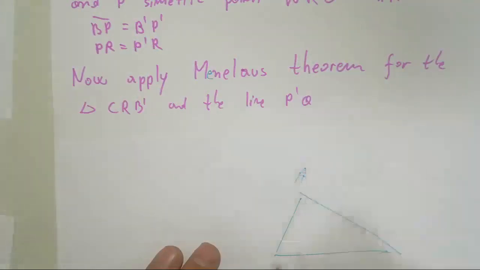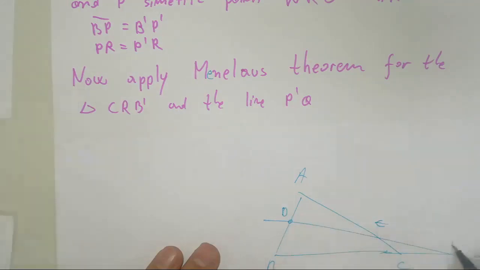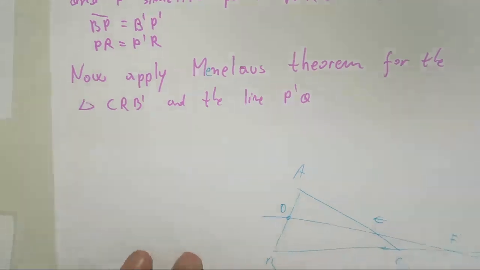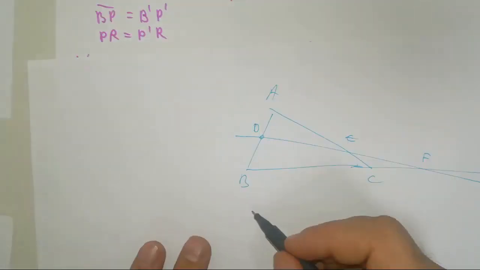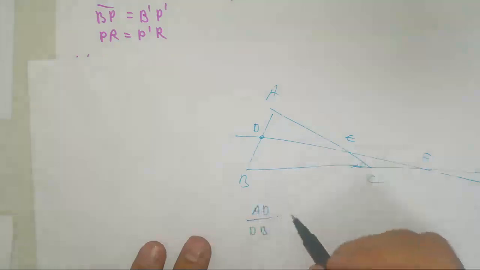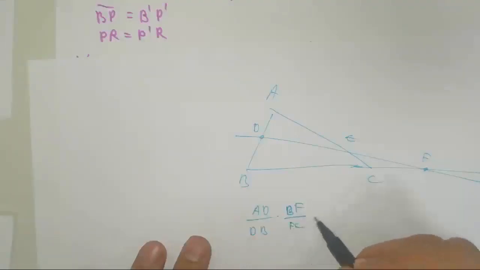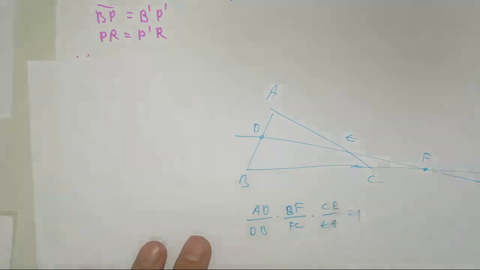Let's say this is A, B, C, and we extend this line. We will have 3 points, let's say D, E, and F. Then this proportion holds: AD over DB times BF over FC times CE over EA is 1.